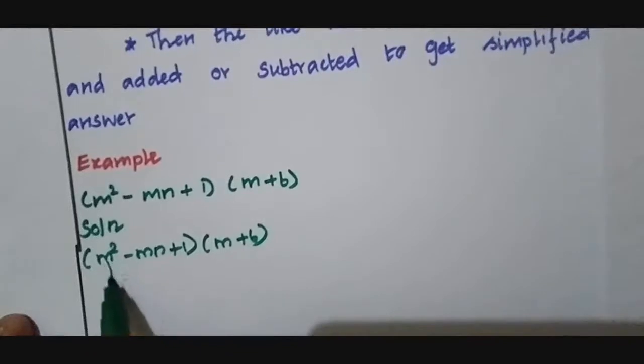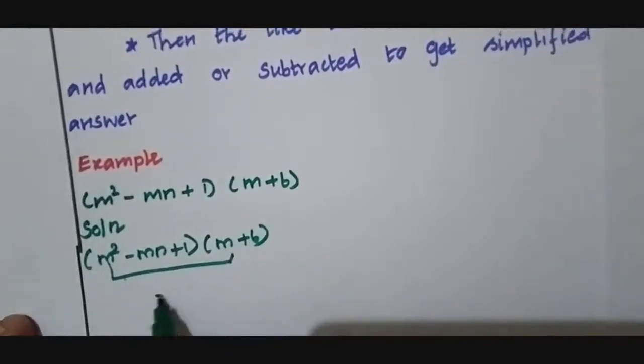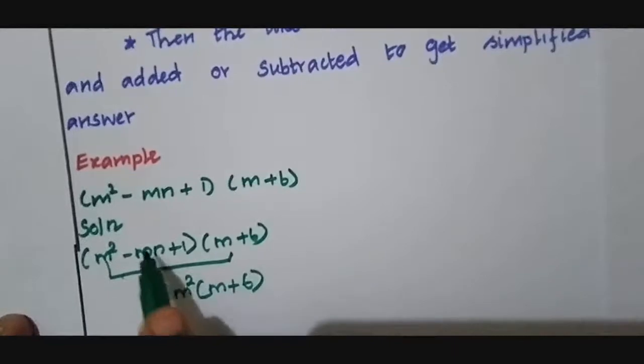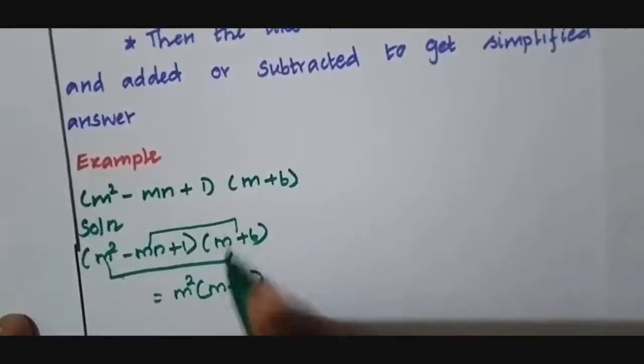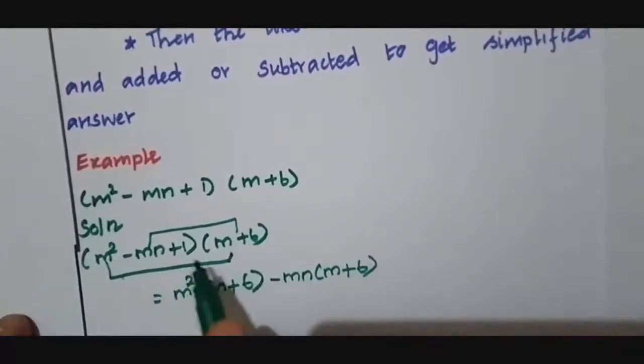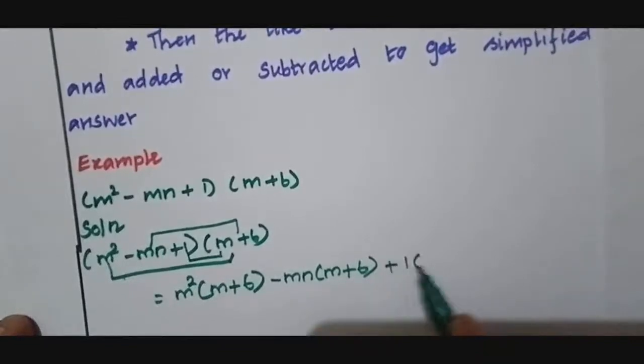So m square into m plus 6, minus mn into m plus 6, plus 1 into m plus 6.